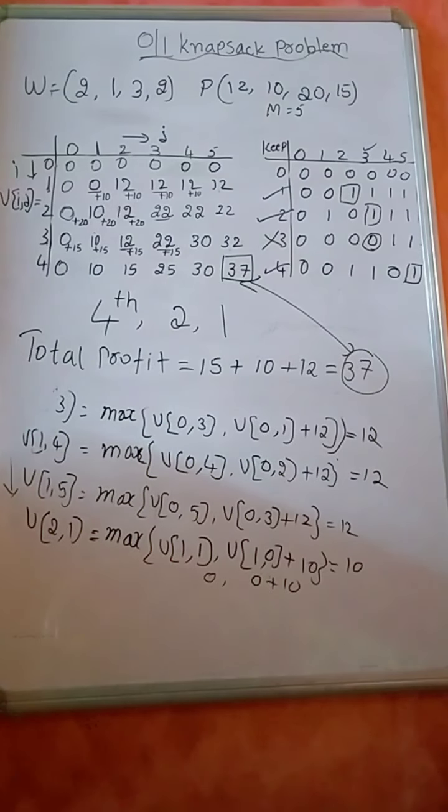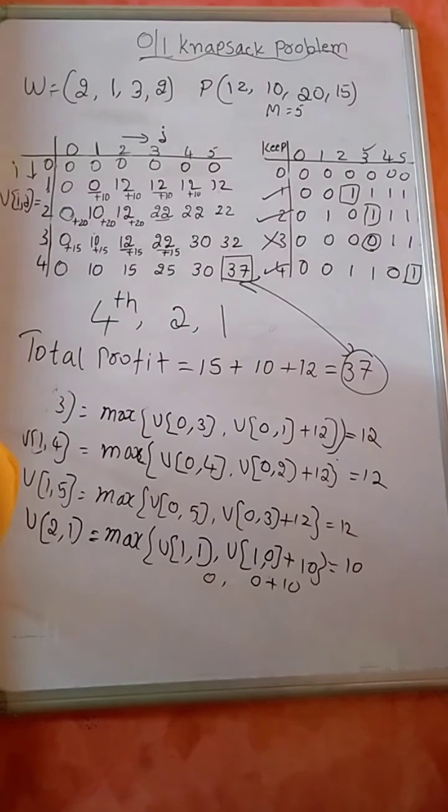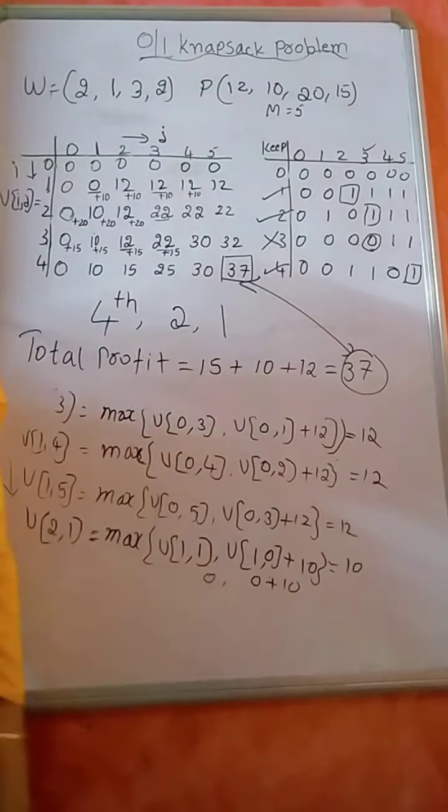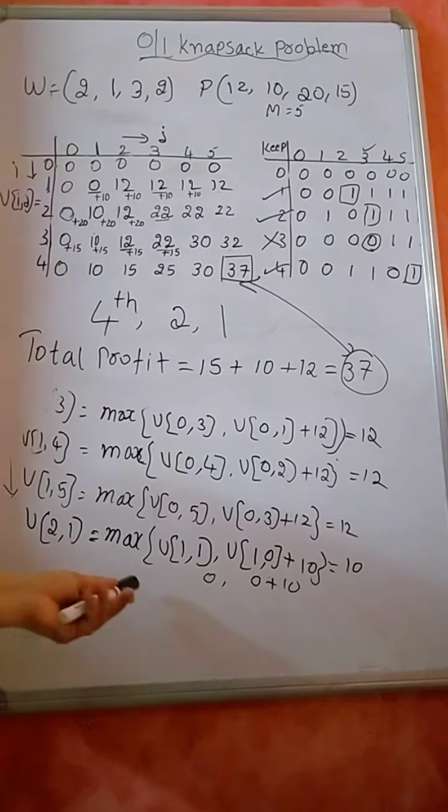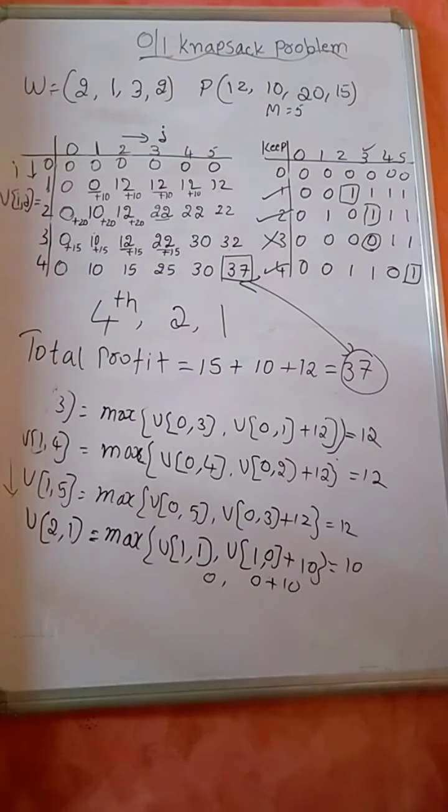So this is about your 0-1 knapsack problem. Now come to the algorithm for this 0-1 knapsack problem. The algorithm is almost similar to the concept I have explained. Anyhow I have explained the tracing.